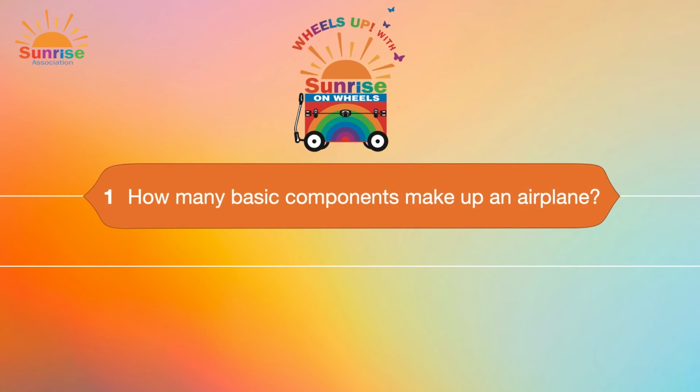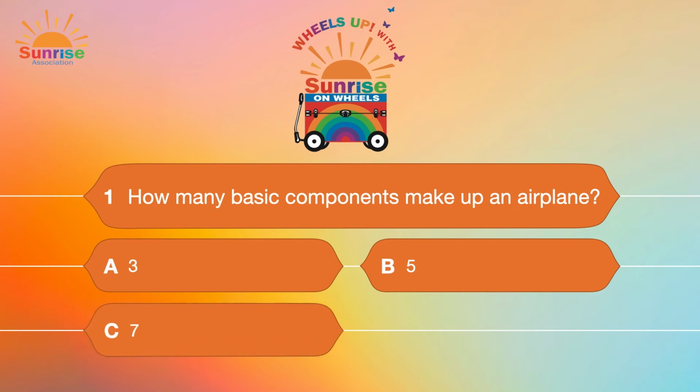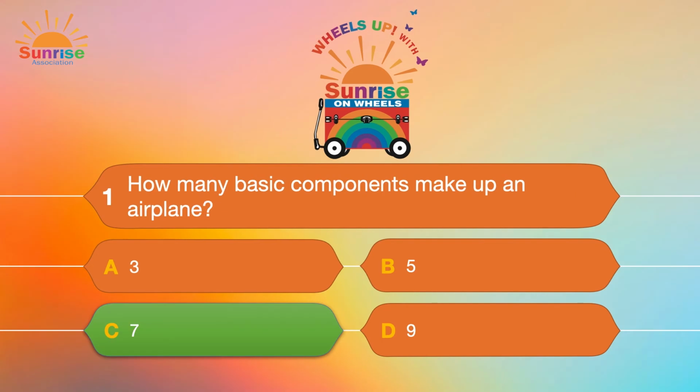Question number 1. How many basic components make up an airplane? A, 3, B, 5, C, 7, or D, 9? Wow, 7 basic components make up an airplane. That's a lot.